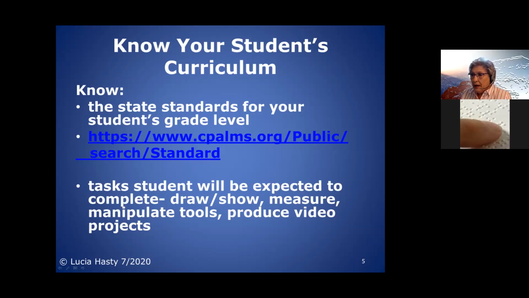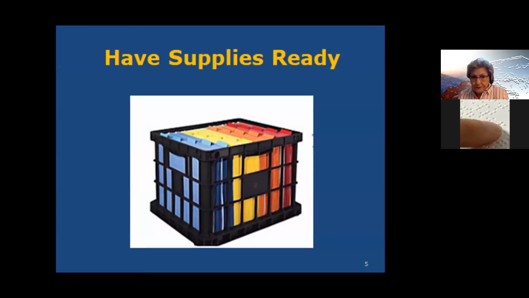So look at those standards for each one of your students for each one of those grade levels to figure out which tools they need to know how to use. Do they need to know how to use a Braille ruler, a compass, a protractor? What is it that they need to do in order to participate in that? So that's a real important part of being prepared.